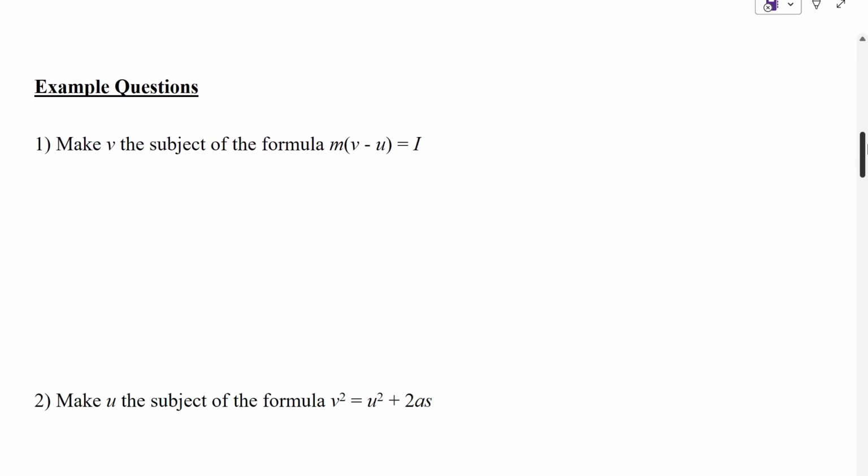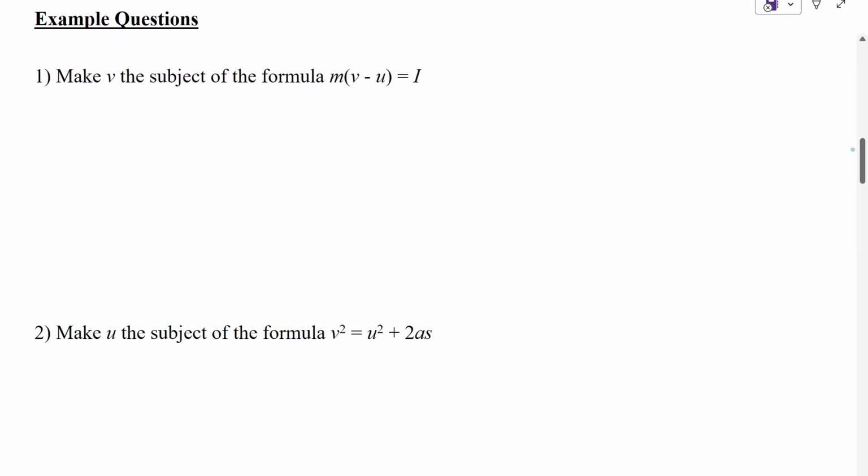Moving on to some more questions. Here we need to make v the subject of the formula m brackets v minus u equals I. It looks like it would be easiest if we move this m over to the other side first. If we're multiplying by m on this side, we're going to be dividing by m on the other side.